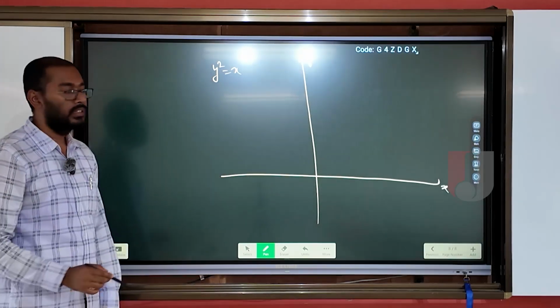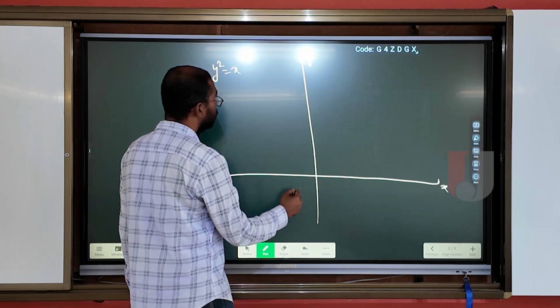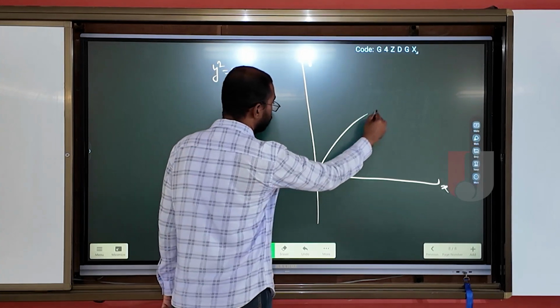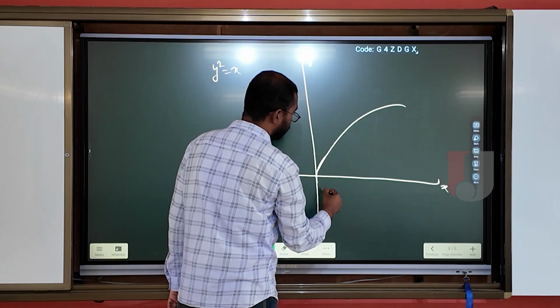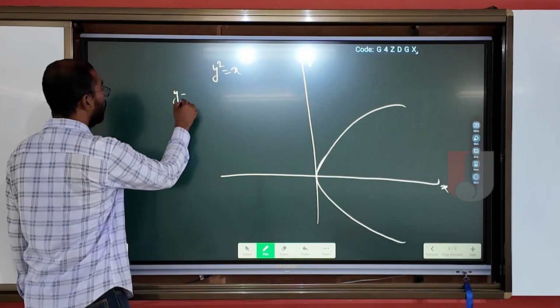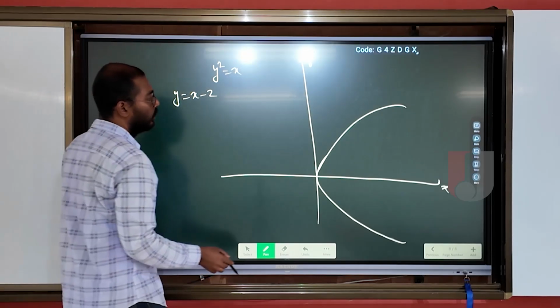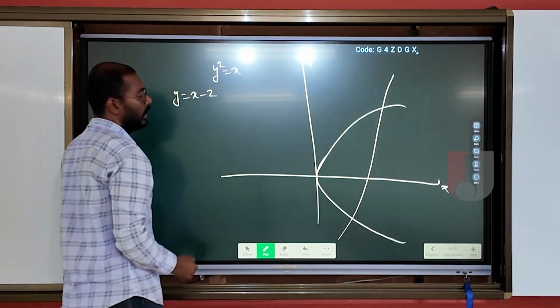So y square is equal to x. Okay, and the next line is y equal to x minus 2.